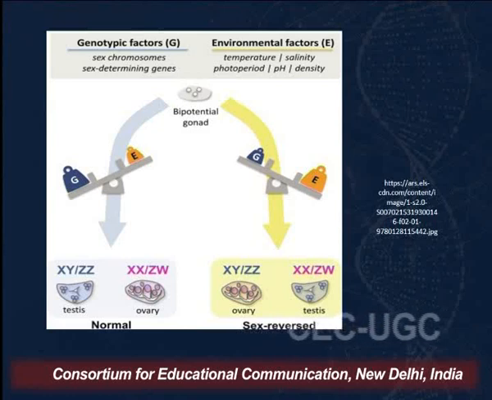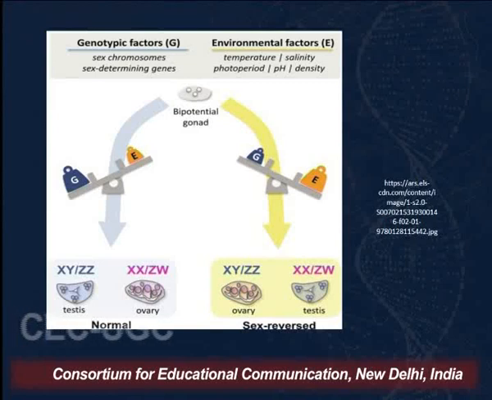There would be other situations which we are going to discuss today, and they are the environmental factors, which could range from variations in temperature, salinity, photoperiod in case of plants, the pH, the density of the individuals, nutrition, various social factors and so on.